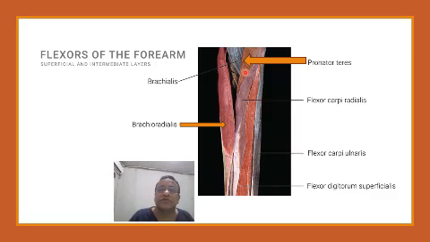Between pronator teres and brachioradialis, there's a muscle, brachialis, which makes the floor of the cubital fossa.